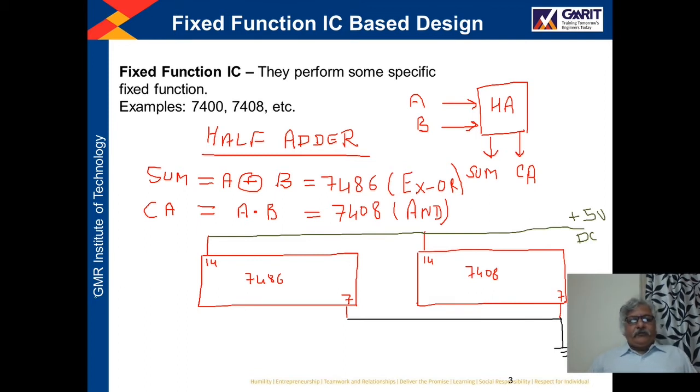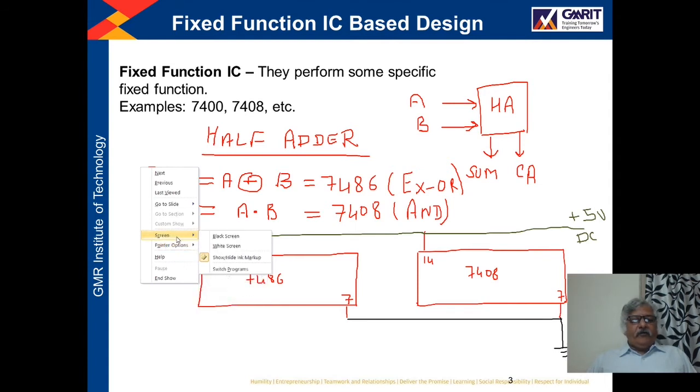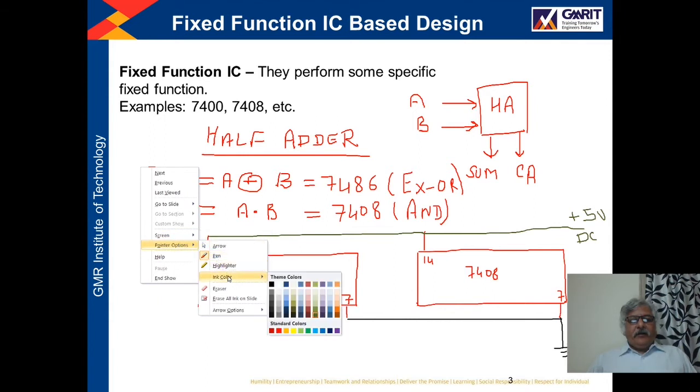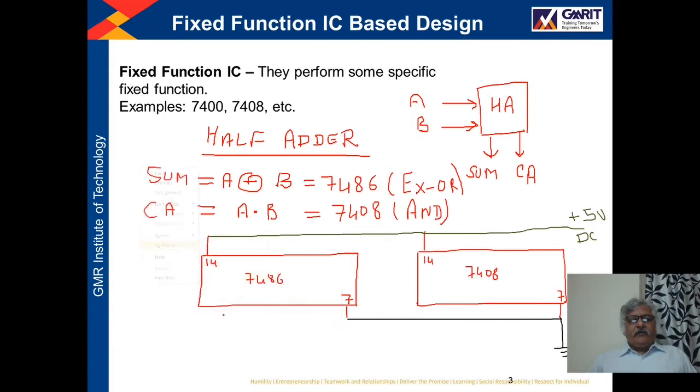Now internally, we will talk about the 7486 IC. Internally this 7486 IC has four 2-input XOR gates. So it has four gates like this.